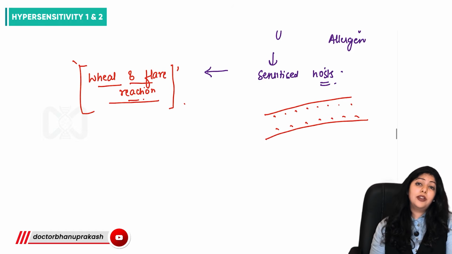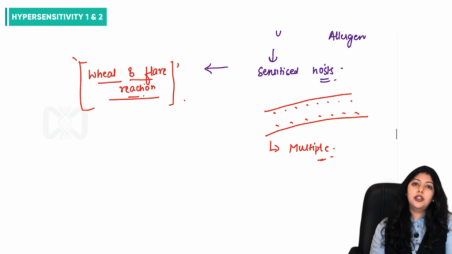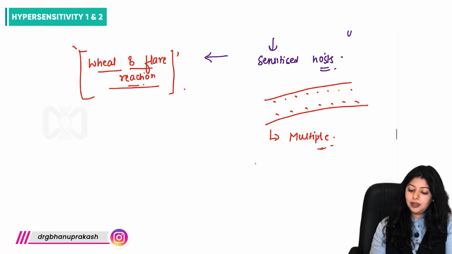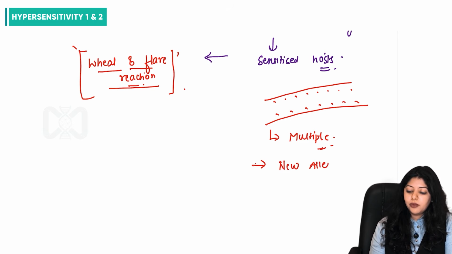So what is the advantage of this particular test? That multiple antigens can be detected at one particular time. But one major disadvantage is that there are certain allergens we are not sure whether that person is sensitive to. So certain new allergens are also introduced, right?